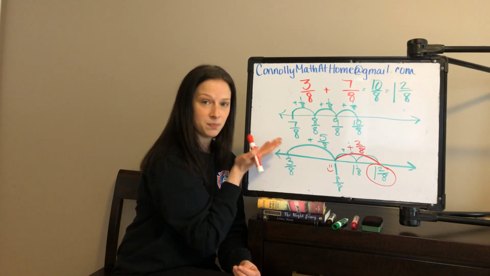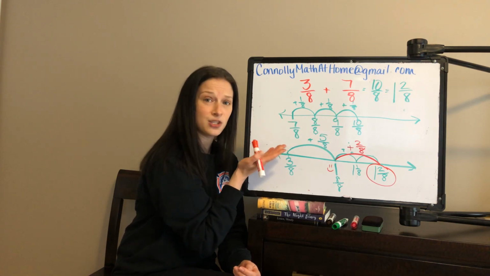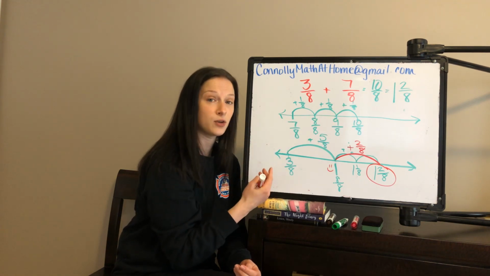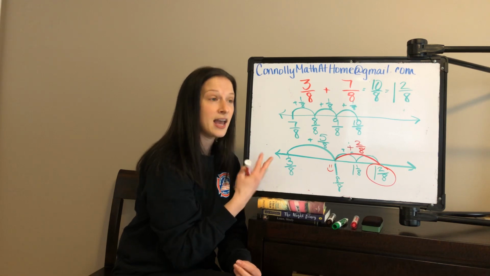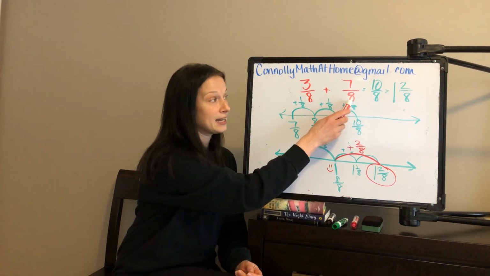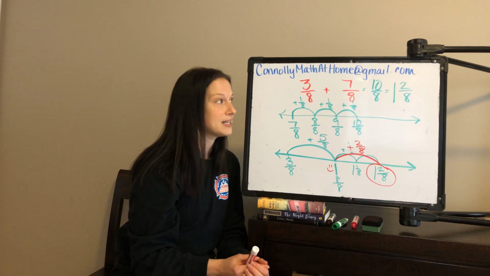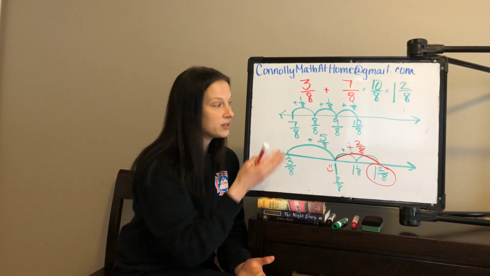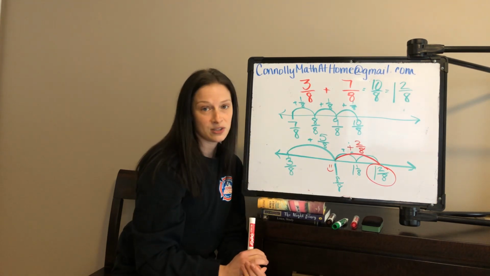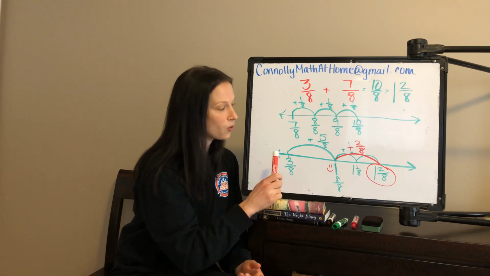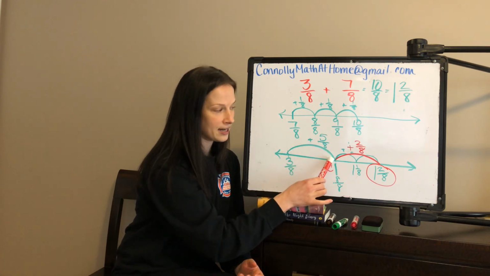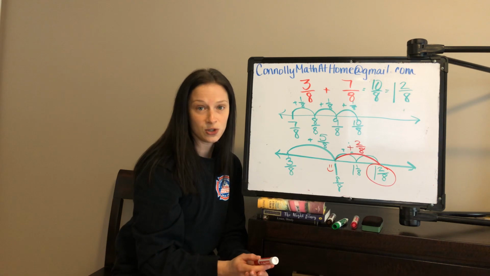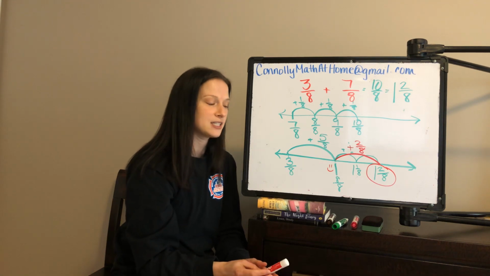If we ran out of space on one area model because we got to one whole, we created another one of the same exact size and continued adding the number of eighths that we needed to add. Then we thought about it on the number line, and we thought about adding one at a time, or we thought about adding up in chunks, which you can do just like with whole numbers, which makes it exciting.